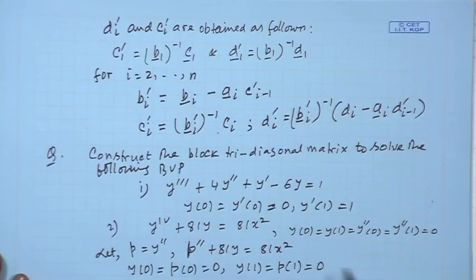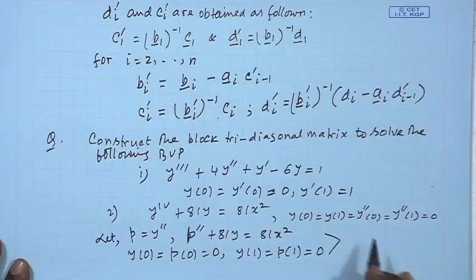So, for any number of grid points, one can obtain a block structure corresponding to this and apply the block tridiagonal algorithm we just described and get the solution for any choice of the grid points. So, this is about the linear situation.